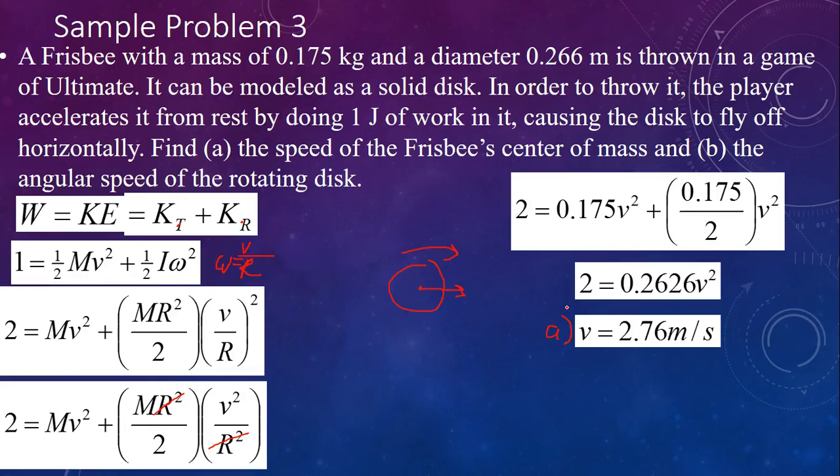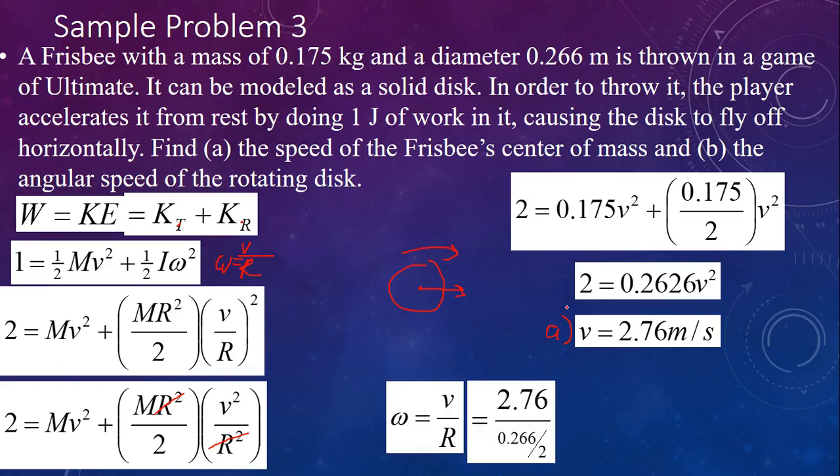So we also need to do part B. We want the angular speed of the rotating disk. And again, we just use this relationship. We just do 2.76 divided by the radius, and it gives us the diameter, so we need to divide that by 2. And we get 20.75 radians per second.